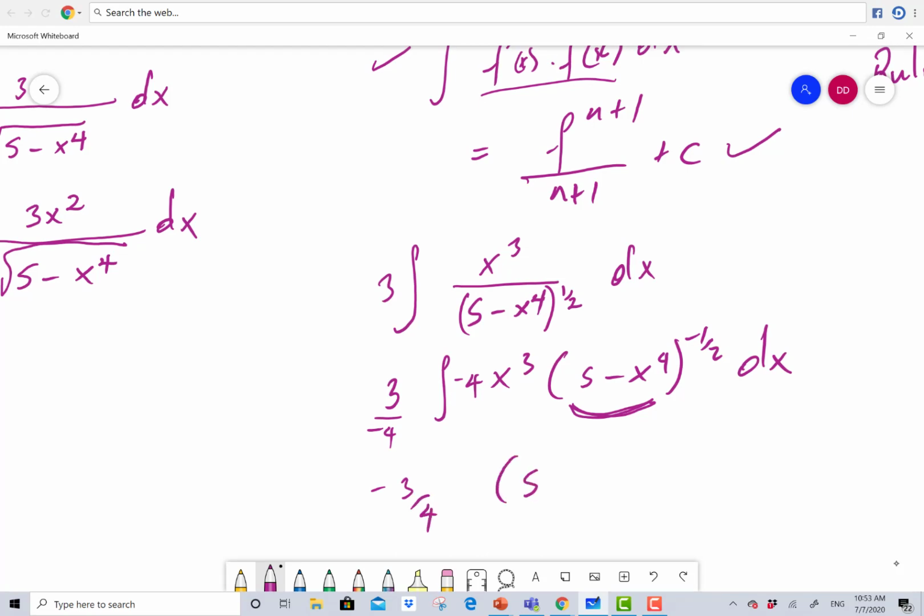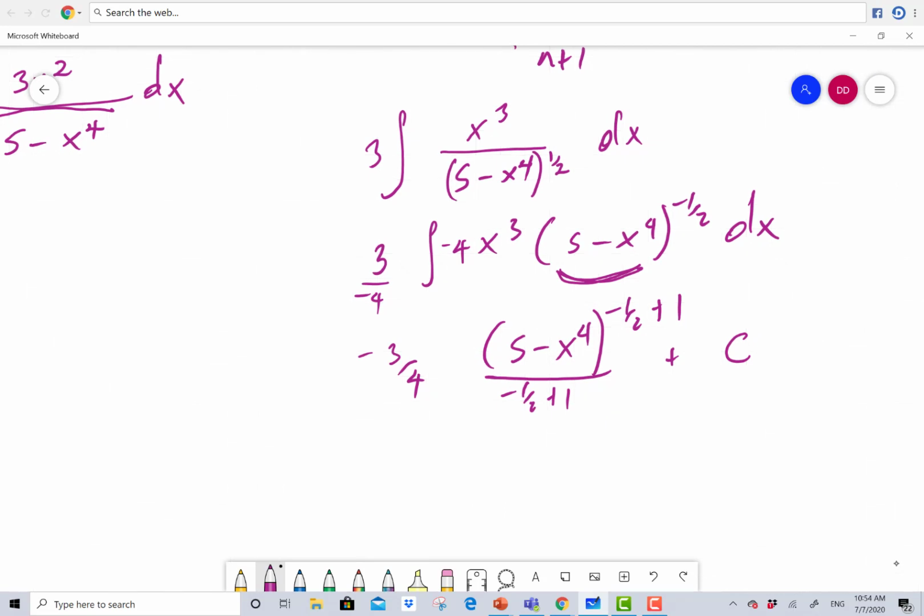Then this is going to be 5 minus x to the 4th to the negative a half plus 1, divided by negative a half plus 1, plus c. To simplify, that's negative 3 over 4 times 5 minus x to the 4th to the a half, divided by a half, plus c.